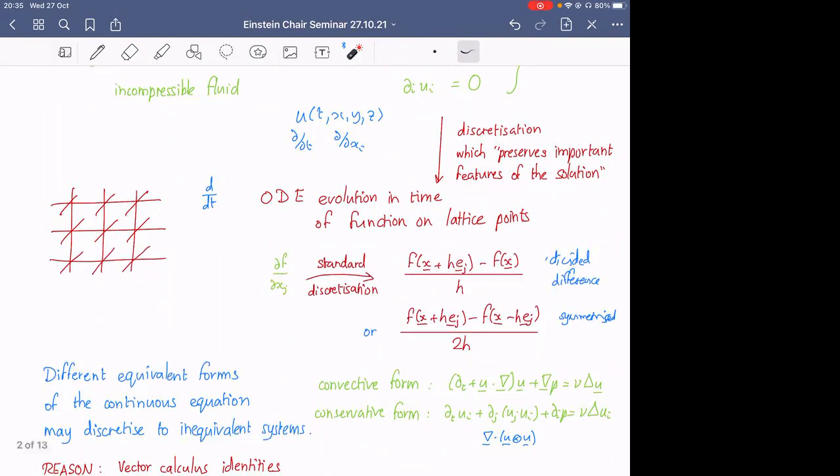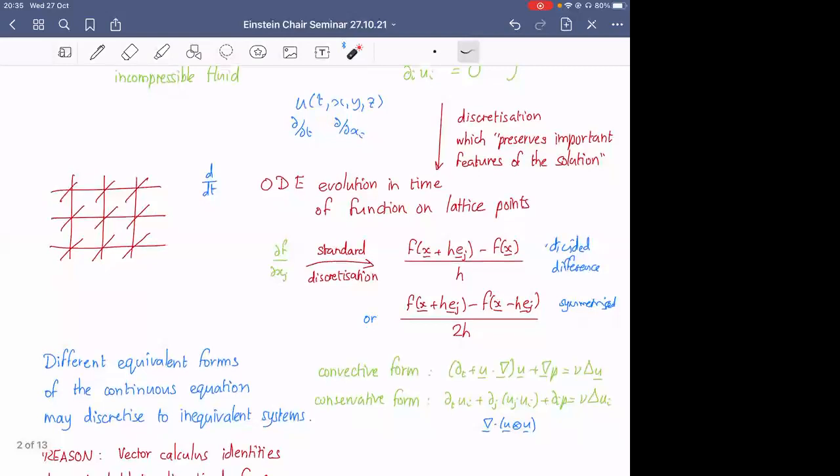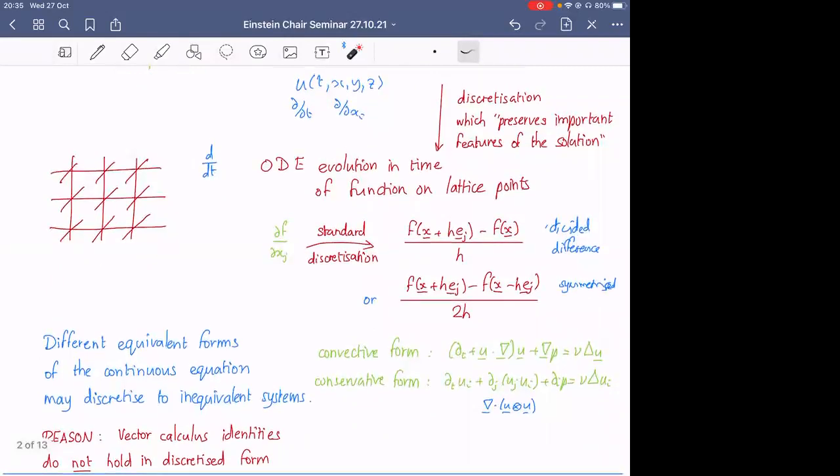They may behave very differently, and may even have different behavior when h goes to 0. The reason is that vector calculus identities, which one uses to show equivalence of continuum equations, do not hold in their discretized form.